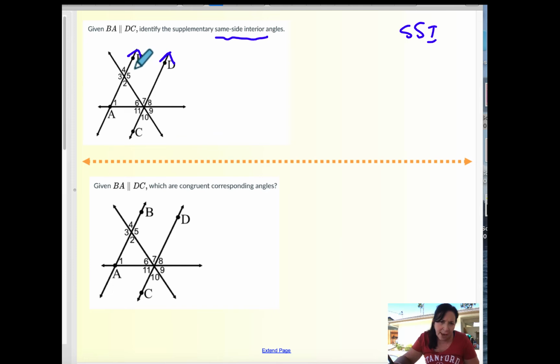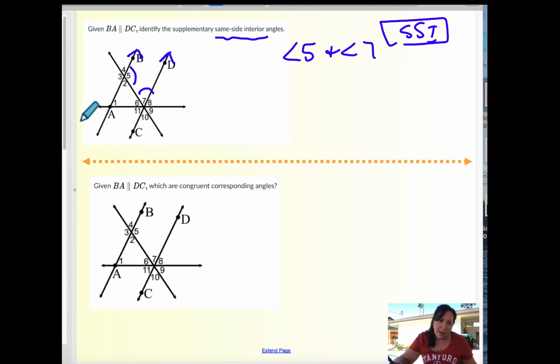So for this, anything inside, interior being inside, I'm looking at angle 5 and 7. I'm just going to write them down. So angle 5 and angle 7 are same side interior angles. You could also say same side interior angles might be 1, but also 6 plus 7, because of this transversal right here.